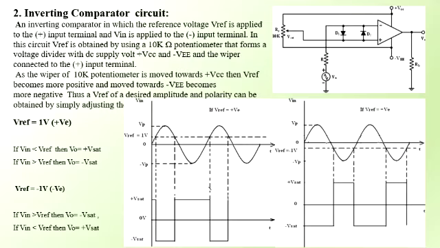If V in is less than V reference, the input voltage is sinusoidal here, and if V in is just above 0 up to 1 volt, that is less than V reference, then the output becomes positive saturation.